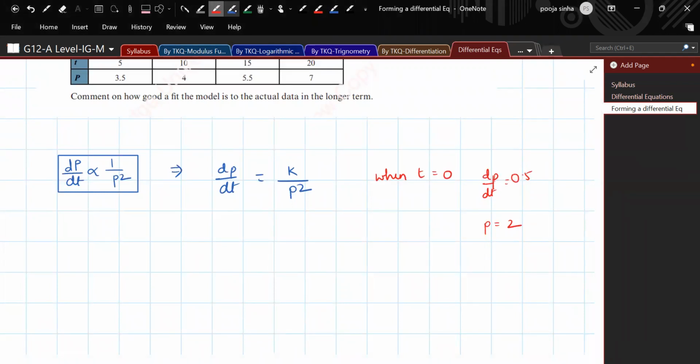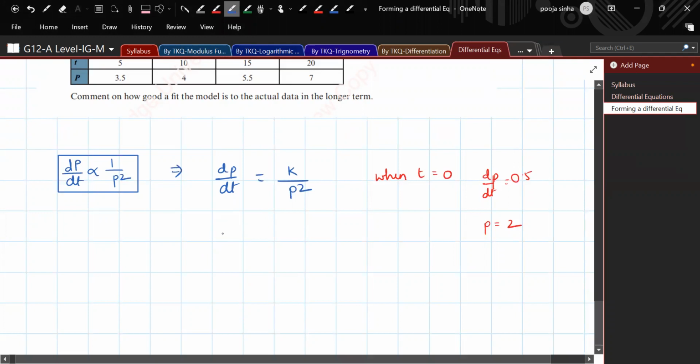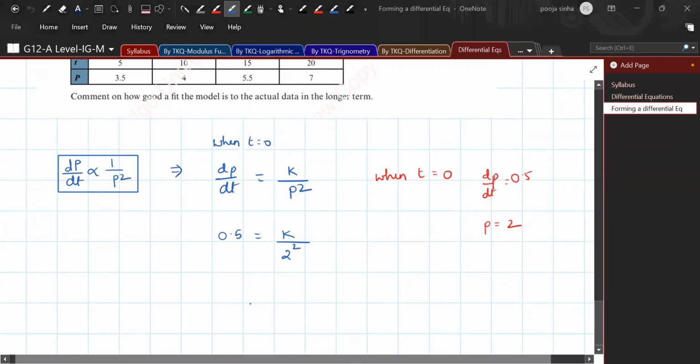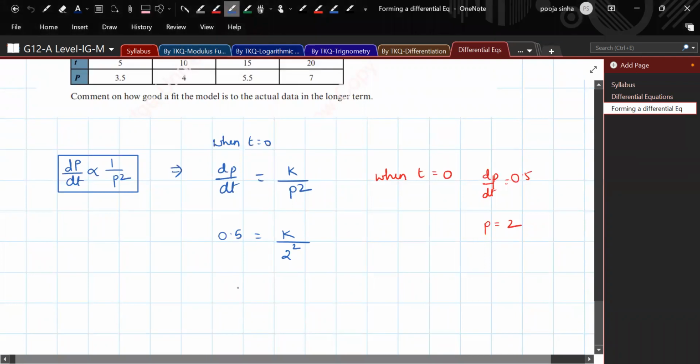अब हम ये वैल्यूज प्लग इन कर देते हैं. dP by dt मुझे पता है it is 0.5. This is when T is equal to 0. ठीक है, और यहाँ पर K नहीं पता and P square becomes 2 square which is 4. So 0.5 into 4, K की वैल्यू कितनी आ जाएगी? K is equal to how much?